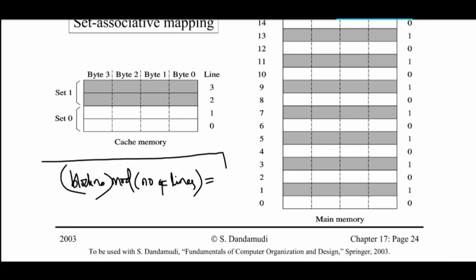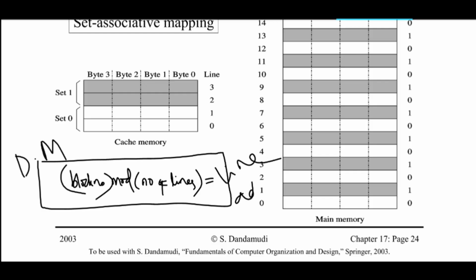This is used in direct mapping. It finds the line address, or line number.